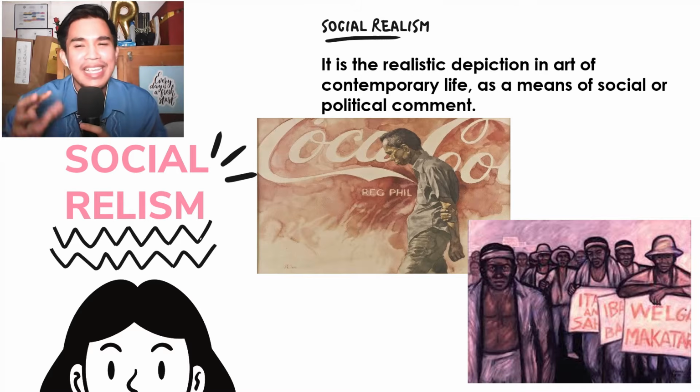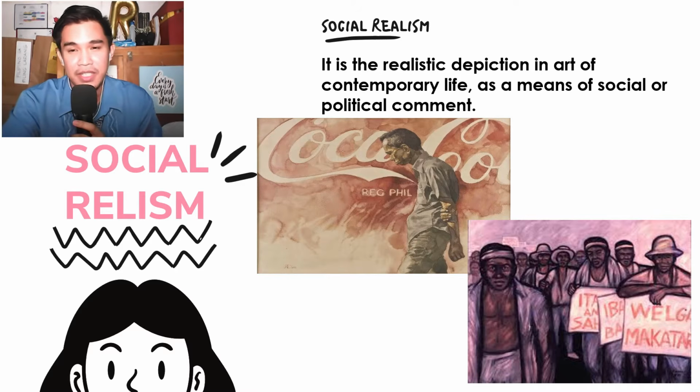But we can identify that one through the different news that we can hear from any platforms or news platforms, such as social media, television, radio, and even newspapers. Okay, so that is social realism.